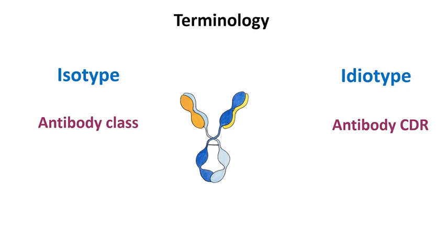So even though I'm not testing you on this, as a mnemonic, antibodies in the same class have similar structures and are therefore isomorphic to each other. And antibodies of all kinds have widely varied CDRs and are, in that sense, idiosyncratic. Finally, what causes the B cell to produce these most necessary antibodies? Tune in to the next clip.